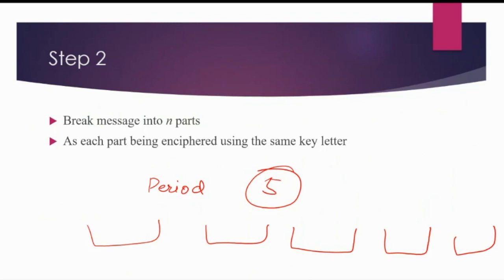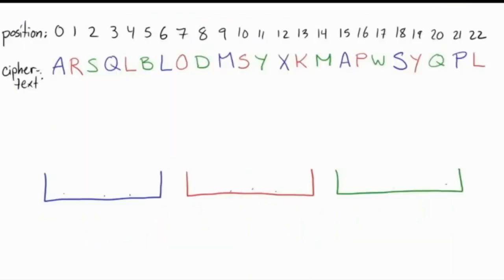We know why we are breaking it into 5 parts, because then we will separate each fifth letter into different buckets, and then we will apply frequency analysis in each bucket. For example, if the period is 3, we will make 3 buckets.